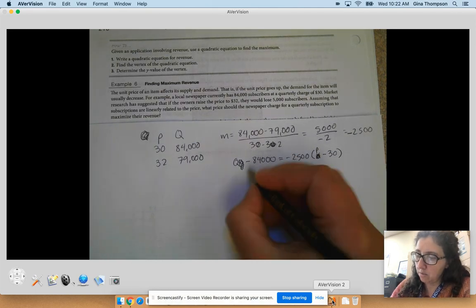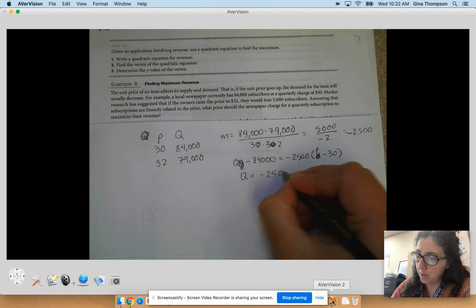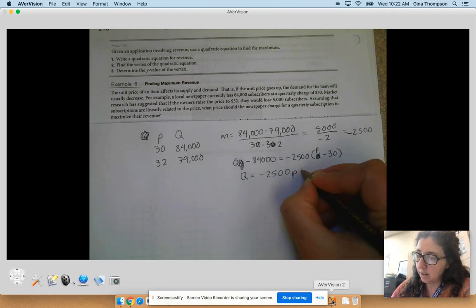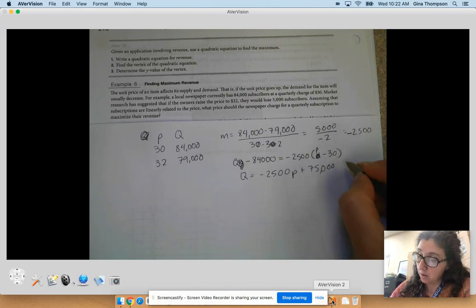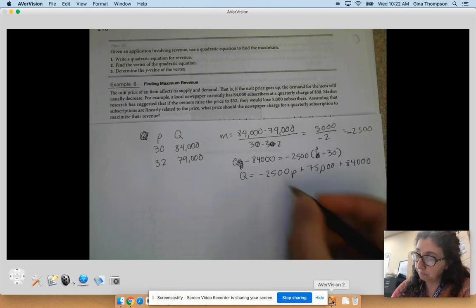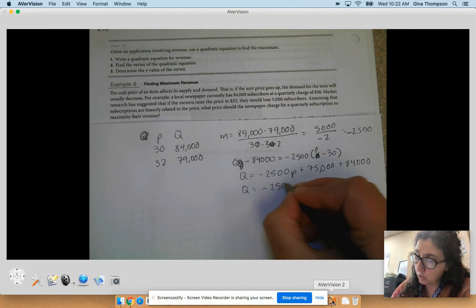All right, so we could solve this to put it in the form minus 2,500p plus, what's 30 times 2,500? 75,000, right? Plus 84,000, right? If we bring that over. So we could say Q is minus 2,500p.